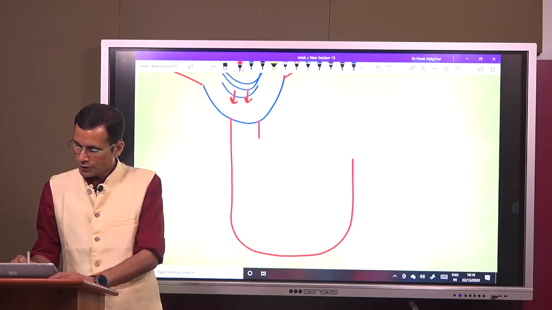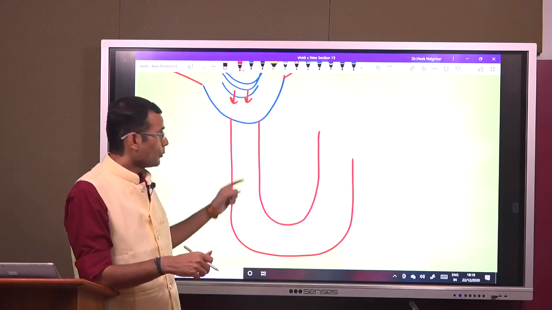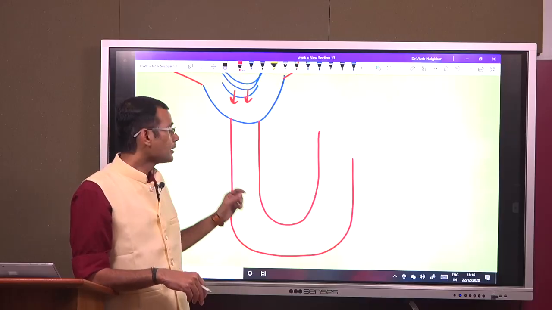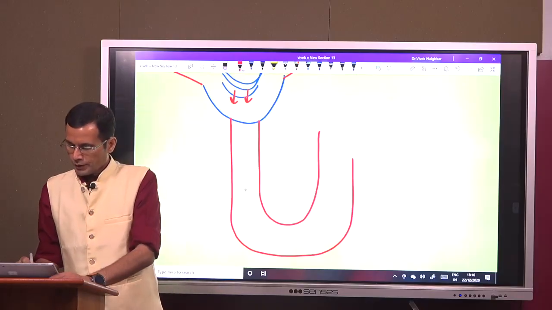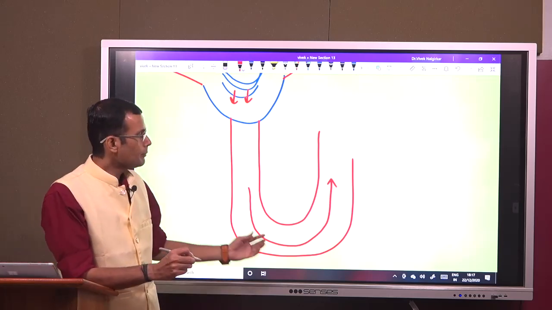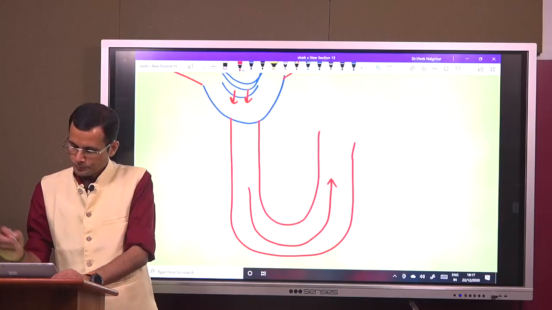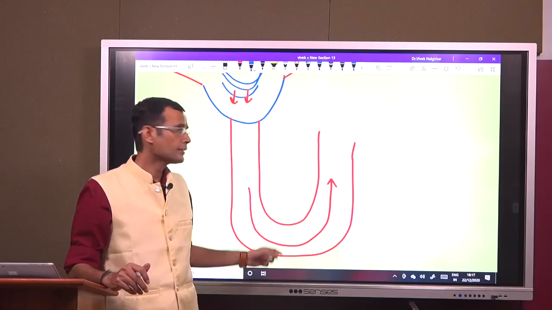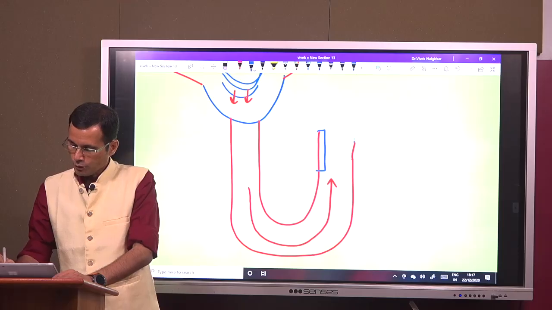So we have a proximal convoluted tubule, which is proximal to the glomerulus, and the proximal straight tubule after that. Then we have the loop of Henle, the descending limb and the ascending limb. The ascending limb has a thin portion first, followed by the thick ascending limb, thick wall.